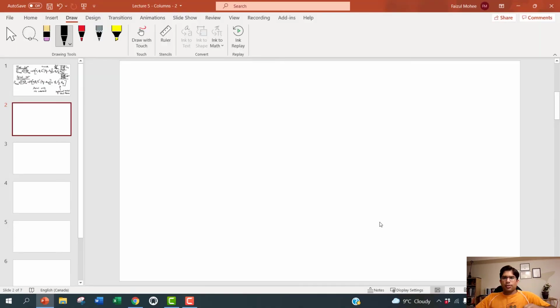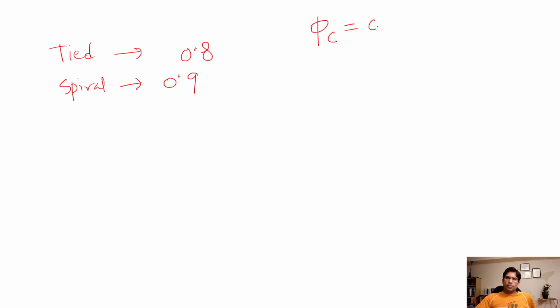I'm just trying to do it a little differently. So now I'm showing some basic theories. As I said, for tied column the factor is 0.8, and for spiral column the factor is 0.9. And some other factors: for concrete, phi c is 0.65, and for steel rebar, phi s equals 0.85.